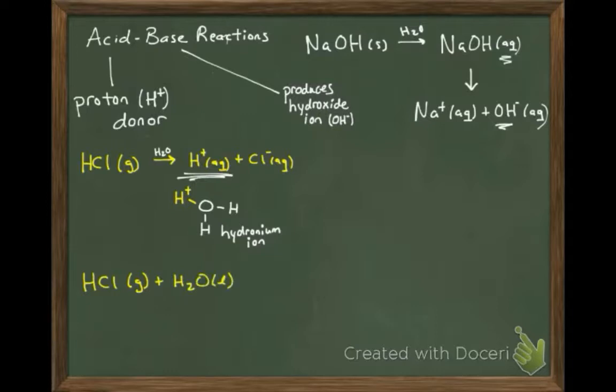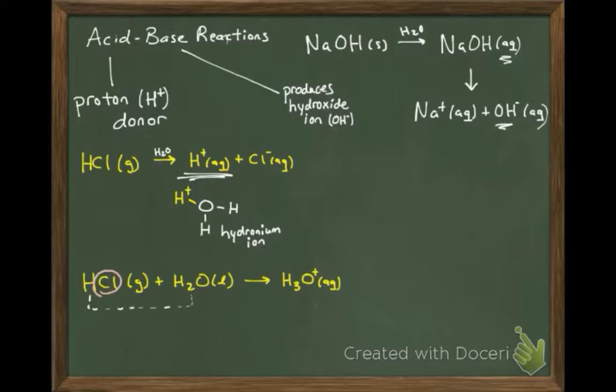So for instance, we can rewrite the above equation actually showing the interaction with water. The proton, the hydrogen on the HCl, is going to be transferred to the water as a proton, just like we showed in the above picture. And that will produce H3O plus, hydronium ion, aqueous.